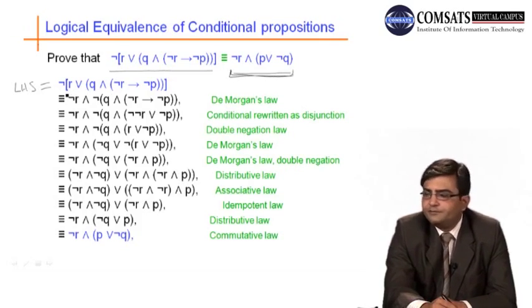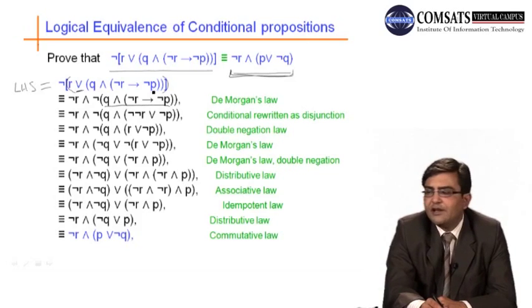First of all, we can see that we have the negation of the whole expression, so we shall apply the negation law. It will give the negation of R. Here we have the disjunction operator, which will be converted into the conjunction operator, and we have applied not on the rest of this expression.